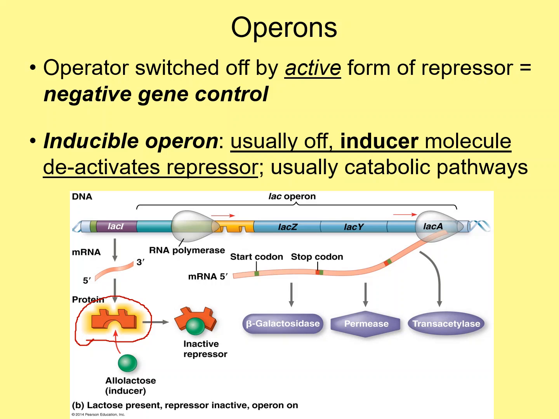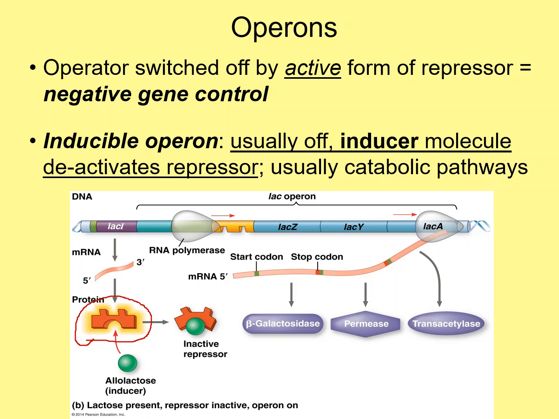So that means that without any alteration or having anything else bind to it, it's going to bind to the operator, and transcription is going to be blocked, meaning the operon is off, right? And so with these kinds of operons, we have to induce the change.